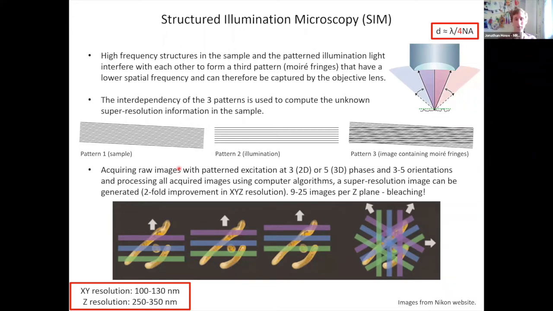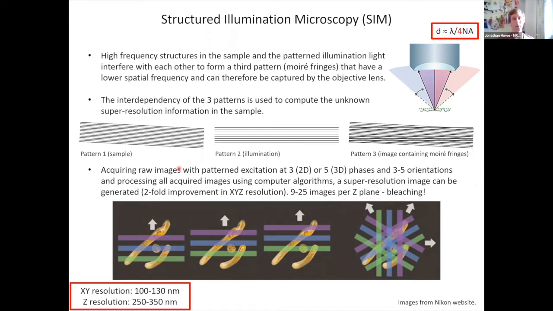So what we do is take multiple images where we shift the phase of the pattern, and then also multiple images at different rotations as well. And then we take all of that raw data, we put it through computer algorithms, which then compute the super-resolution image. And at best, SIM can achieve a 2-fold improvement in resolution.